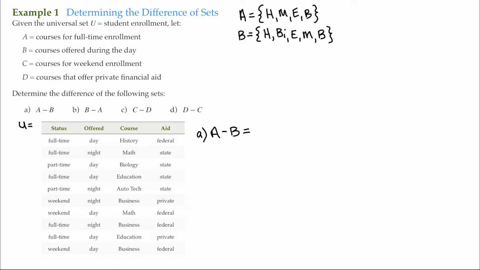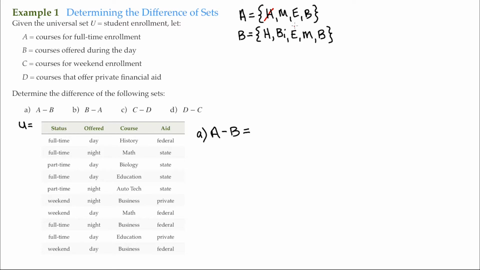So now the difference in sets is the set of elements that are in one set but not in the other. Or you could think of it as all the elements in B, take them out of A and see what we have left over. So I'm going to look at what I have in B and take that out of A and see what's left over. I've got history here, and here's history. I'll just cross that out.